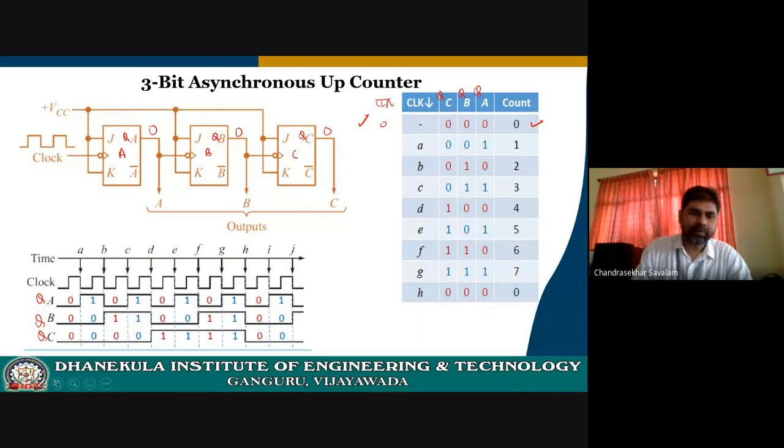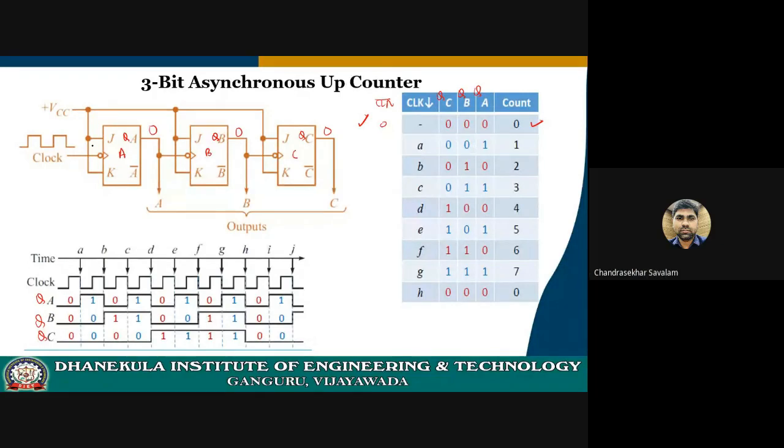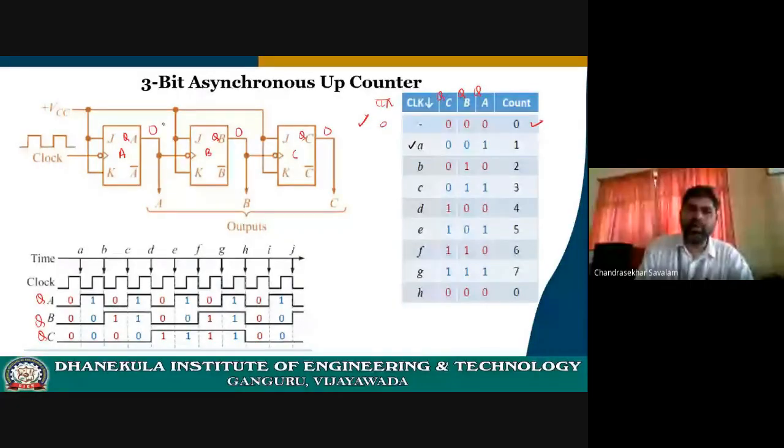Now you need to check the operation of all the flip-flops with respect to the clock. Let us say this is the first clock. See, all the outputs are 0, 0, 0, and all the inputs are 1, 1 because VCC means 1.